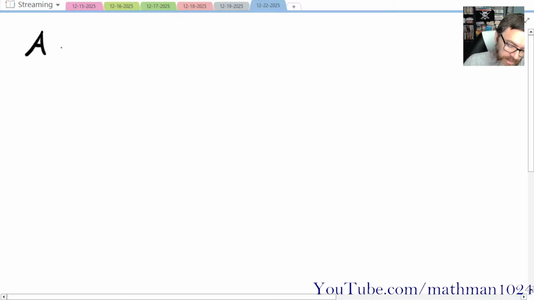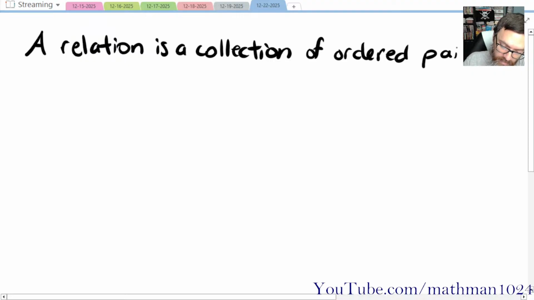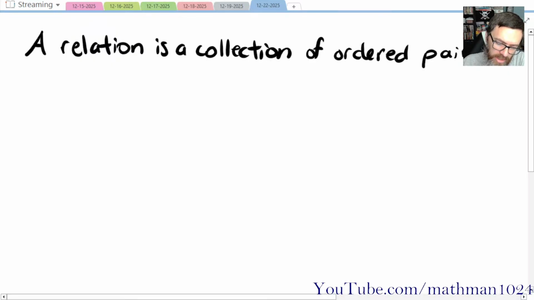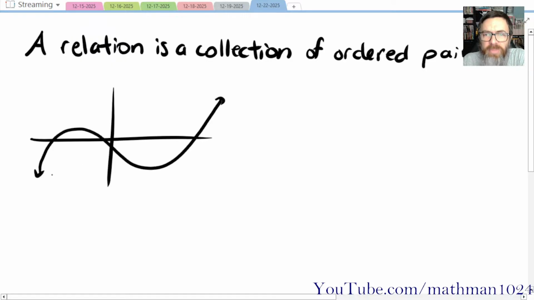So simply put, a relation is a collection of ordered pairs. And what that could look like is anything from, here is a graph, which is made up of an infinite number of ordered pairs.